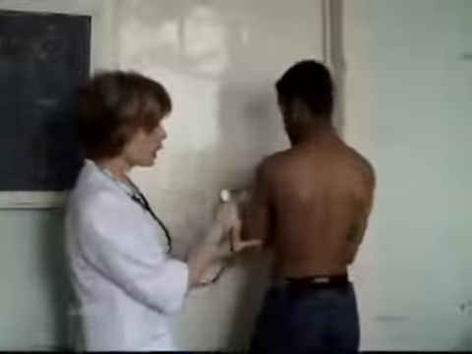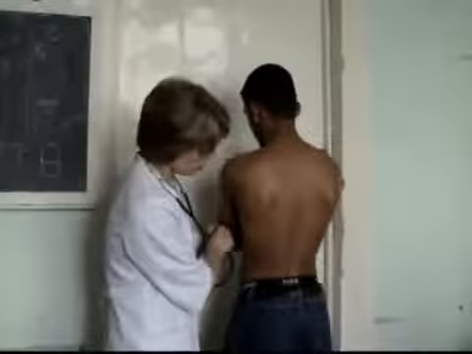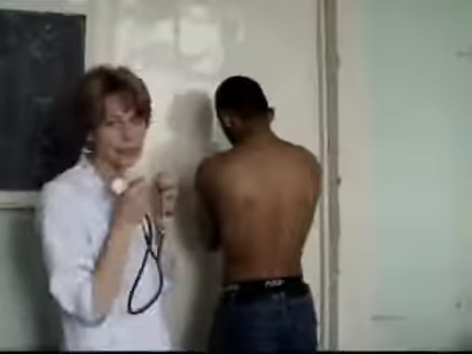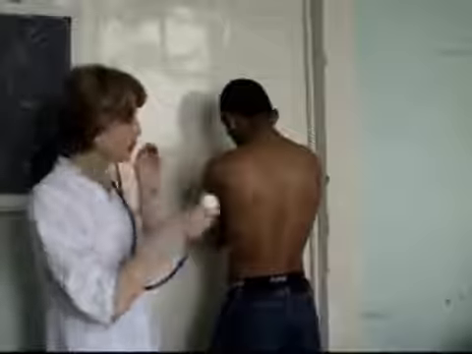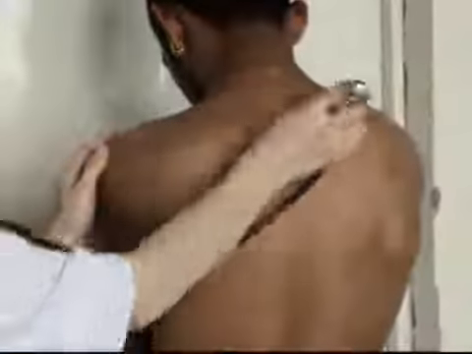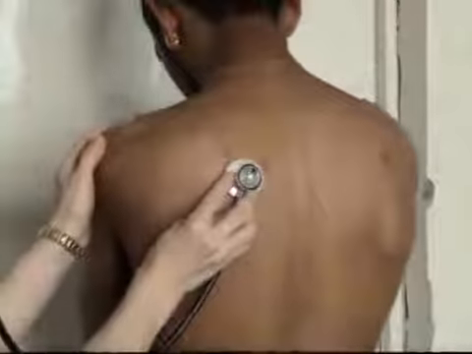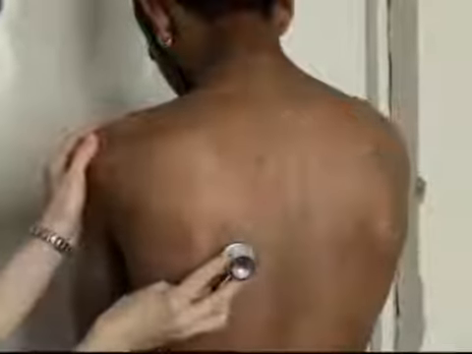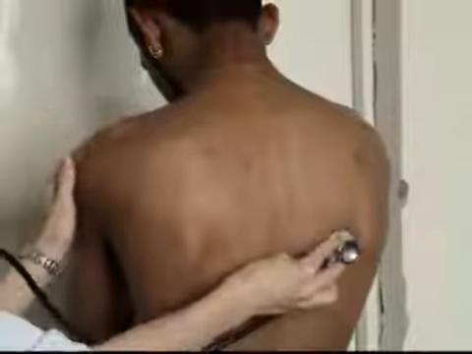At the back, during auscultation, the patient again crosses his arms, and we'll put the stethoscope near the scapula, firstly above, then around the scapula, near the angle of the scapula.